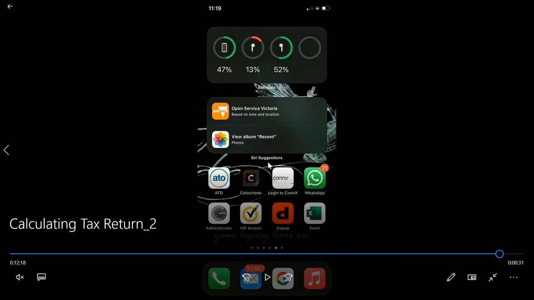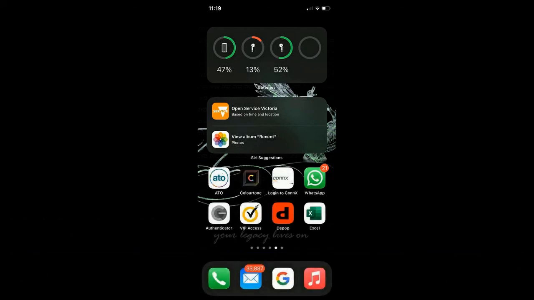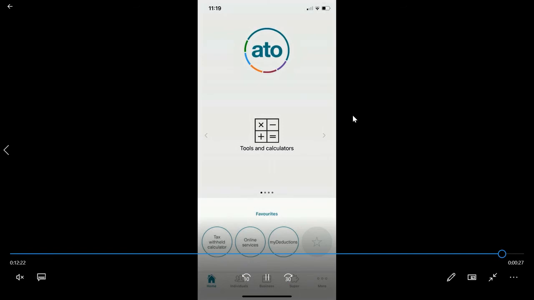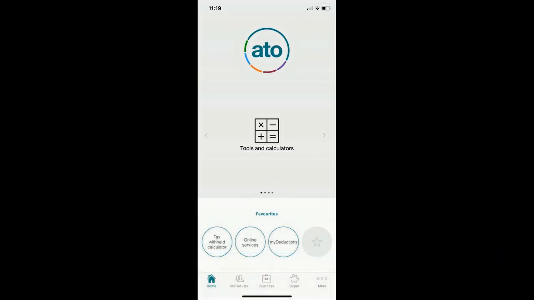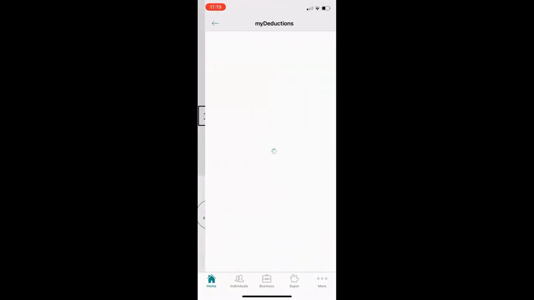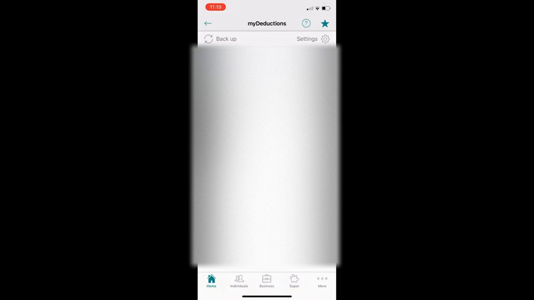Here's just basically the ATO has an app. You can just chuck all your deductions in there. My AirPods are a bit wonky with their batteries. So this is what the app looks like. That's not it. My deductions. So basically what I've done is I've just chucked some of my receipts in here just so that I know what I can claim.